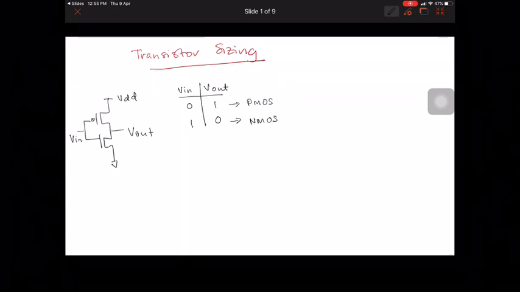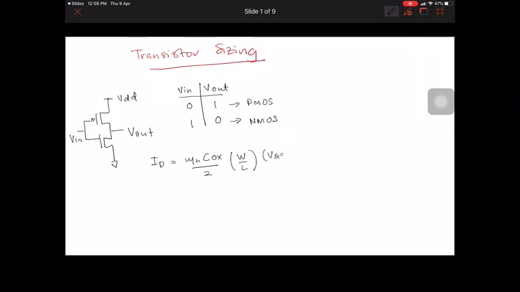Okay, so now we want to look into the current equation for the NMOS. As you all know, during saturation, ID equals mu n COX over 2 W over L (VGS minus VTN) squared. This is the current at saturation.